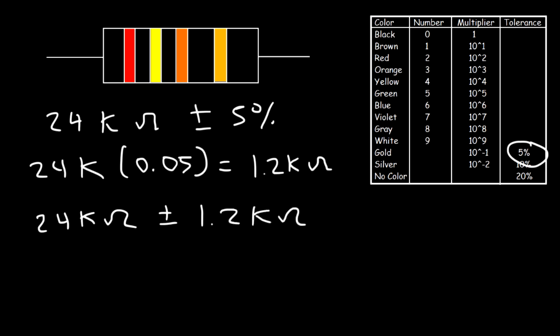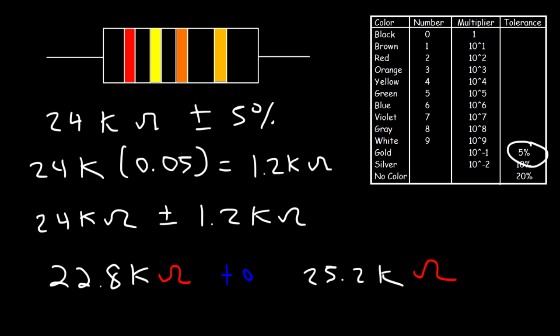So it could be 24 minus 1.2. So it can be 22.8 kilo ohms on the low side. Or it can be 24 plus 1.2, which will be 25.2 kilo ohms.